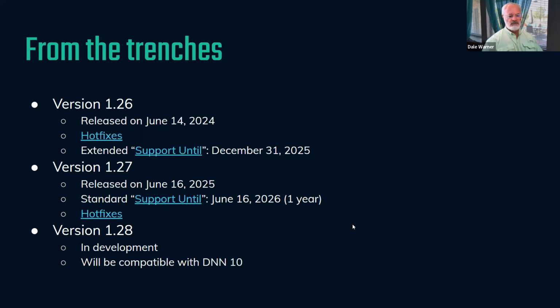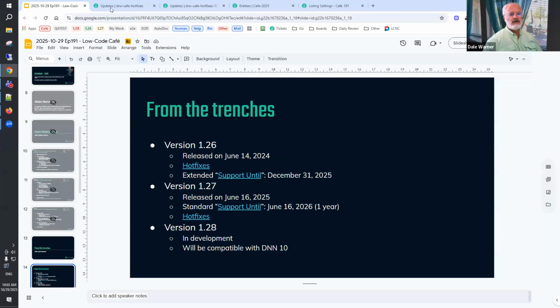So we encourage you to go to our current version, 1.27, which was released in June of this year, and our plan is to support that one through at least June of 2026. And version 1.28 is currently under development, and that's the one that's going to be compatible with DNN 10. So stay tuned here on this channel and watch your emails as we move into beta and then release of version 1.28 so that we can be compatible with DNN 10.